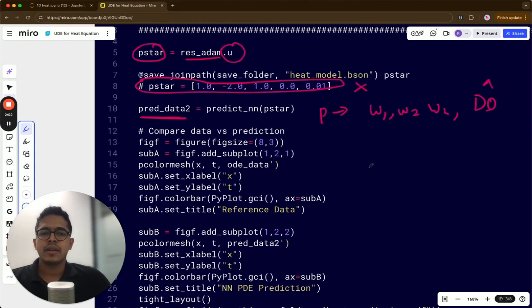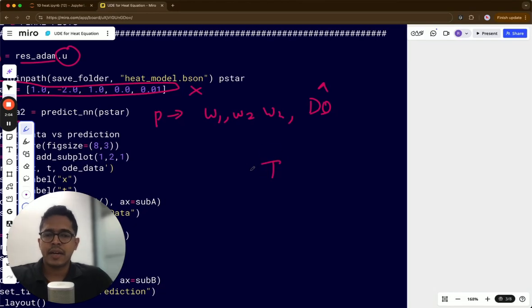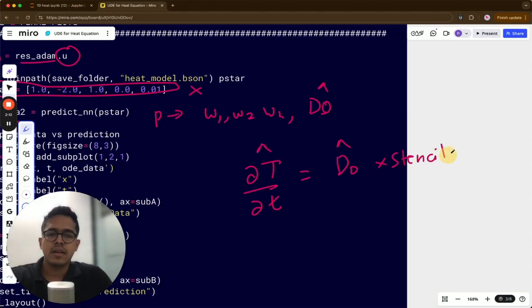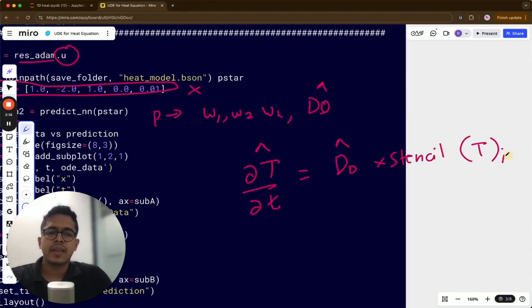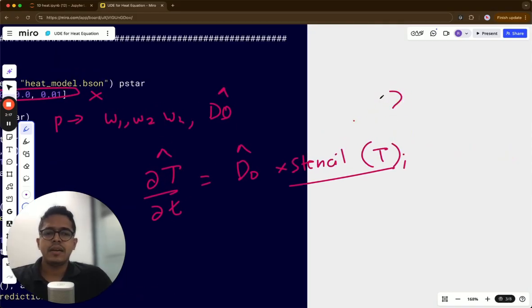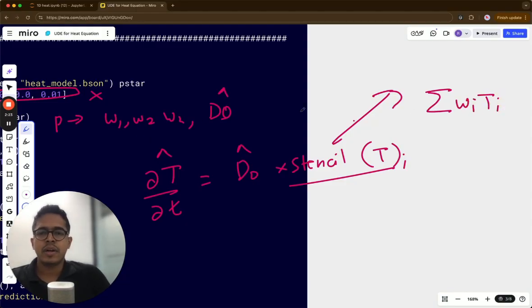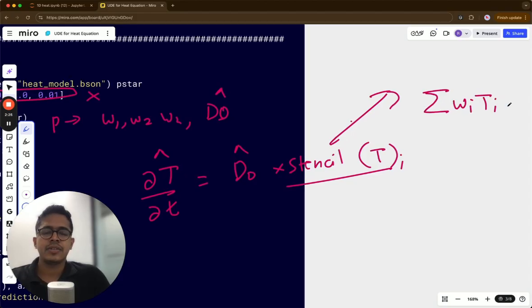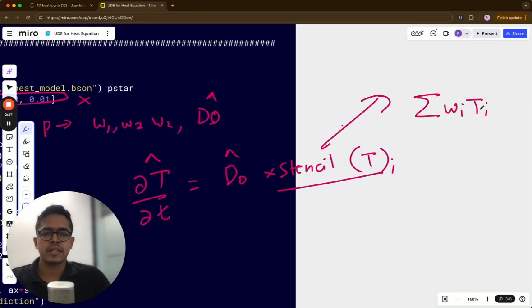How? Because our predicted dou T by dou t is equal to D naught predicted multiplied by stencil of Ti. And stencil of Ti is nothing but sigma Wi Ti, where W runs from 1 to 3, and this should be Ti minus 1 or Ti plus 1.